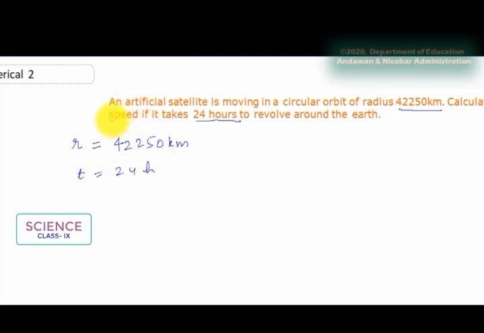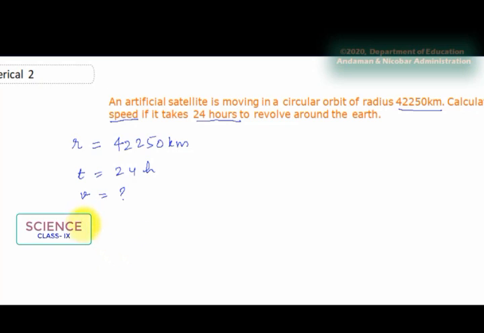Now what we need to find? We need to find the speed of the artificial satellite. And in the previous section we have learnt how the speed of a body moving in a uniform circular motion can be found out.